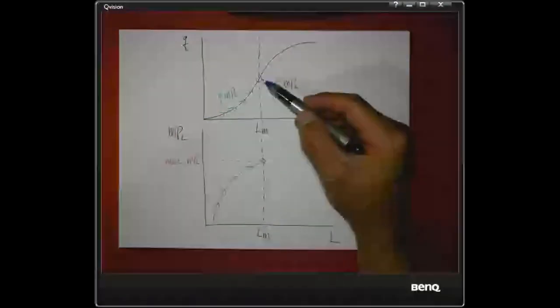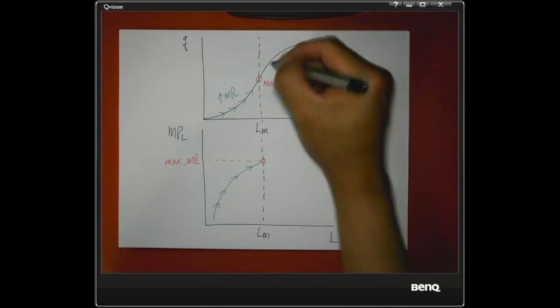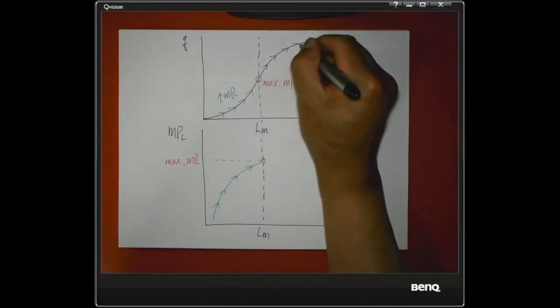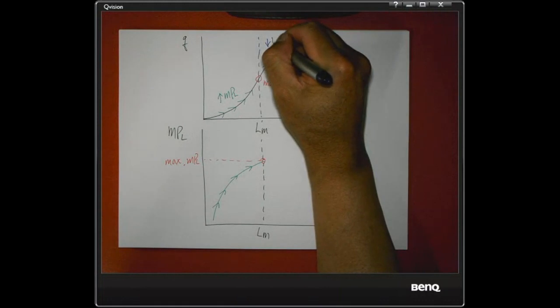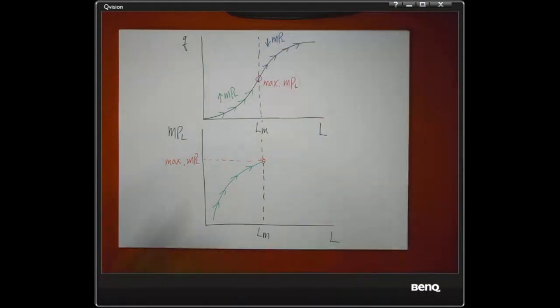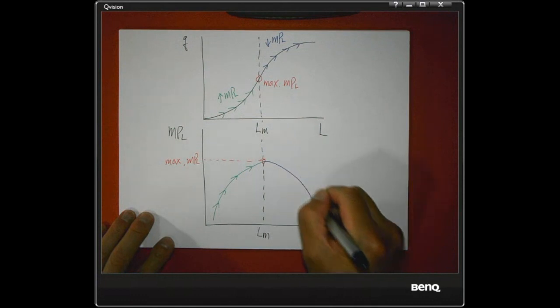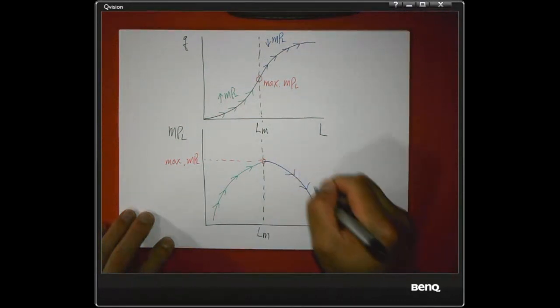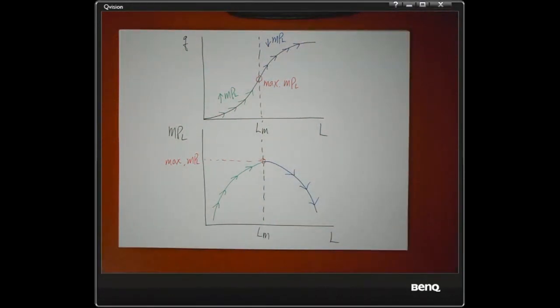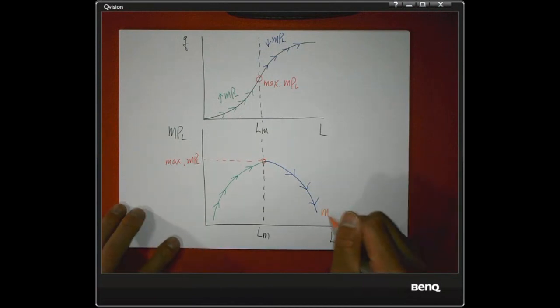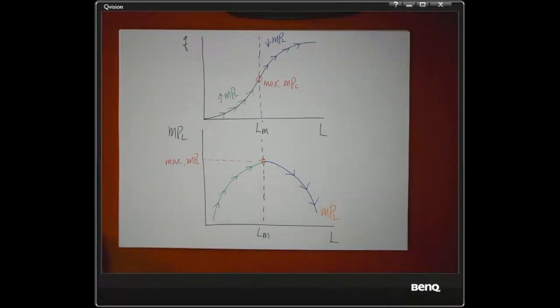And once we have reached the maximum, the turning point, then hiring more workers, we run into diminishing marginal product of labor. That is, marginal product of labor will be falling.